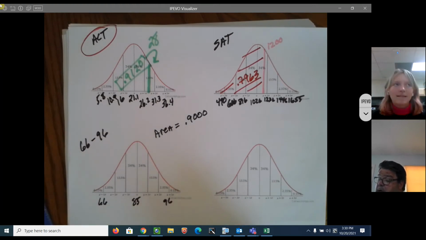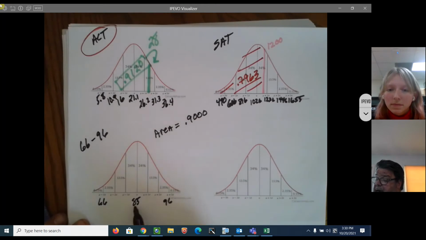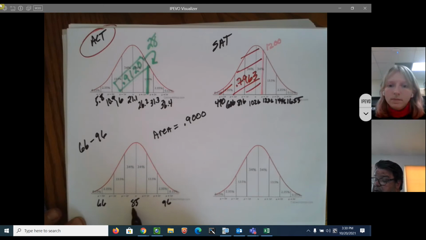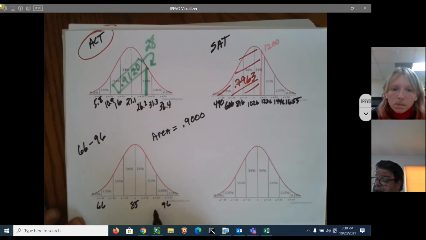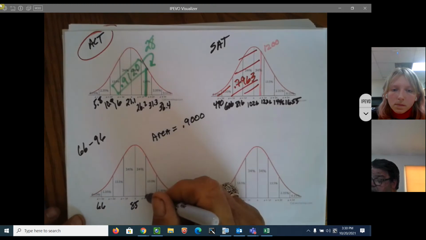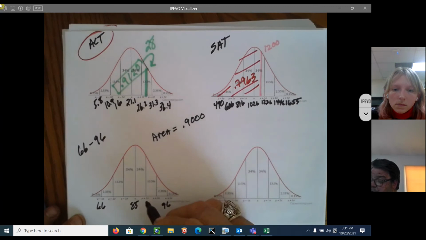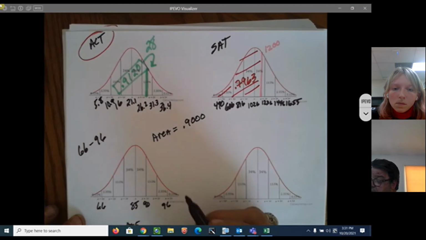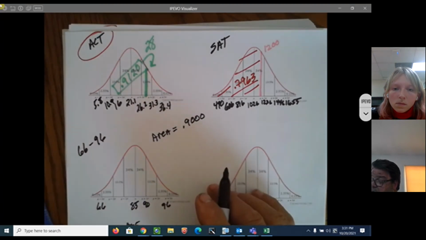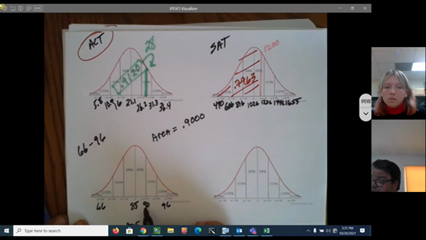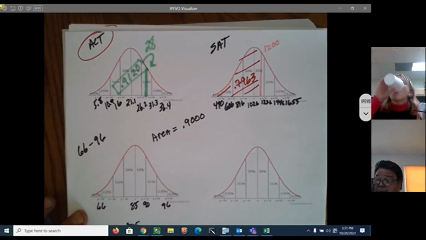Yes. And 85 to 96 is 11. No, 15. And this would be 5, 10, 15. So the standard deviation is 5. So this would be 90. No, that's not right. I've got to divide by 2. I'm thinking out loud.